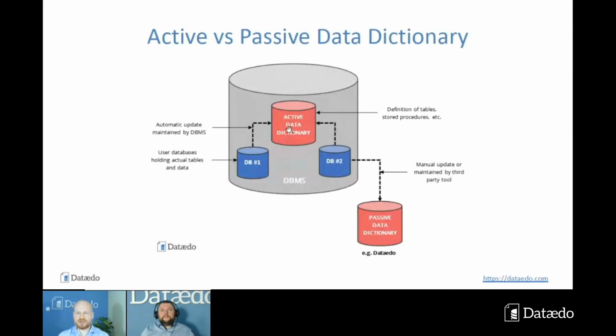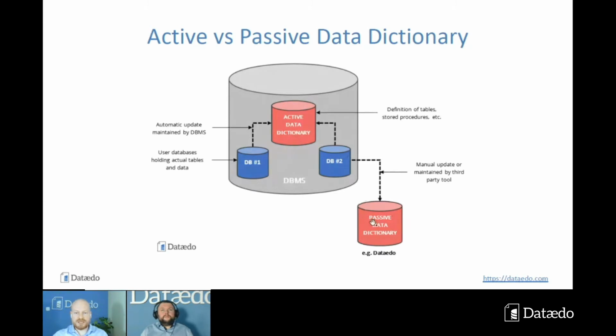This, in the case of relational databases, is always accessible. You can always query it. And the distinction from any other data dictionary is that it's always up to date. It's always in sync with the data. You cannot go into the database and add a column so that it's not in the active data dictionary. It's always up to date.